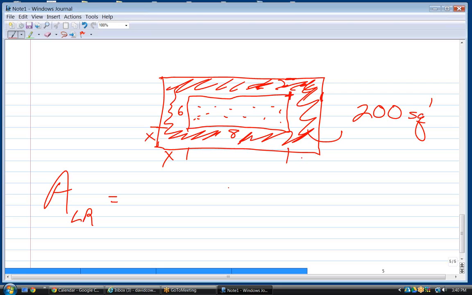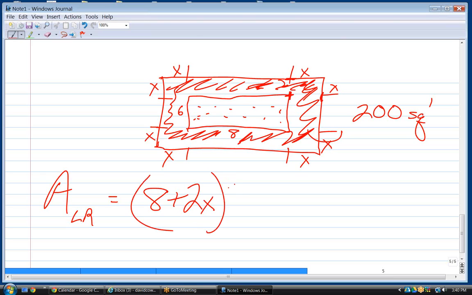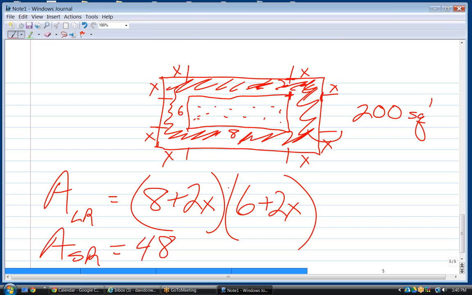This is x over here. That's x there. That's x there. That's x here. That's x here. That's x here. Okay, so 8 plus 2x times 6 plus 2x? That is the area of the large rectangle. The area of the small rectangle is 48.